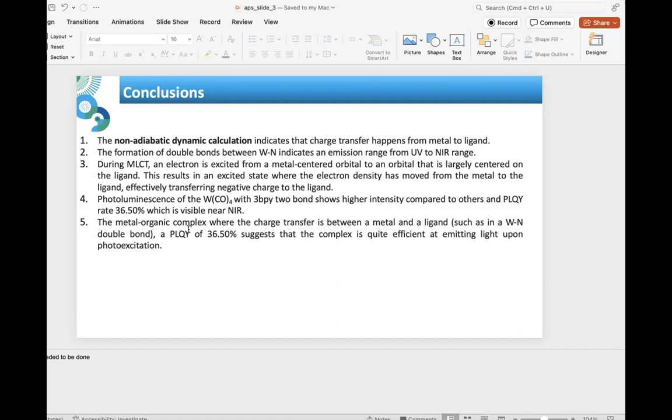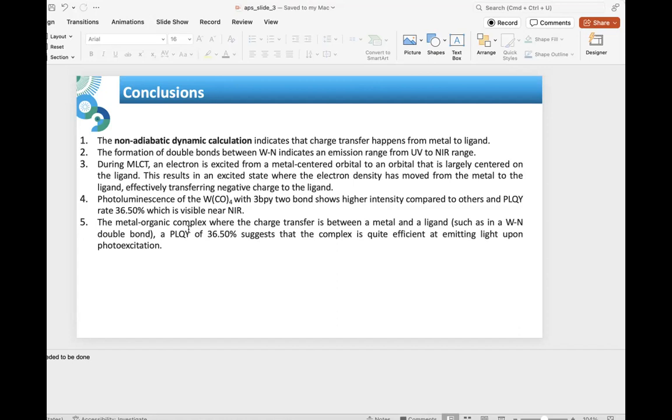The photoluminescence of the tungsten, it's not hexacarbonyl. Tungsten hexacarbonyl 3 bipyridine with double bond shows a higher intensity compared to the others, and its PLQY, photoluminescence quantum yield value, is 36.50%.